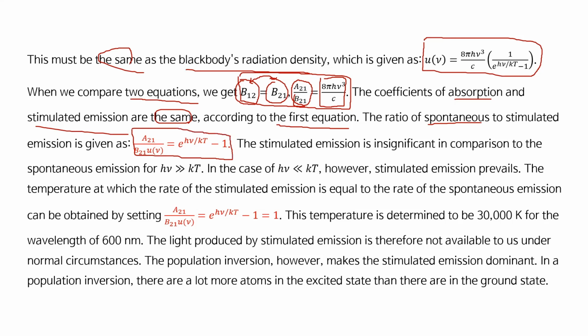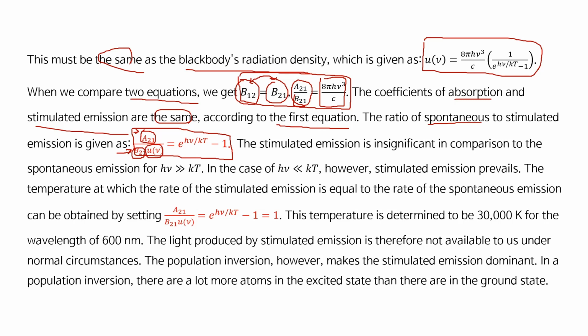The rate of spontaneous emission is proportional to the coefficient of spontaneous emission, but the rate of stimulated emission is proportional to both the coefficient of stimulated emission and the radiation density. In the stimulated emission process, we need the stimulating photons from the radiation background.